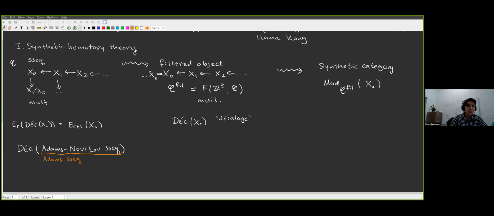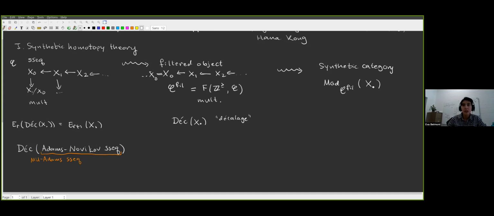Maybe I'll say it's the MU Adams spectral sequence. This comes from a tower that looks like a bunch of copies of MU smashed together. Its E2 page is Ext over MU_* MU. And this is a very well-known and liked thing.